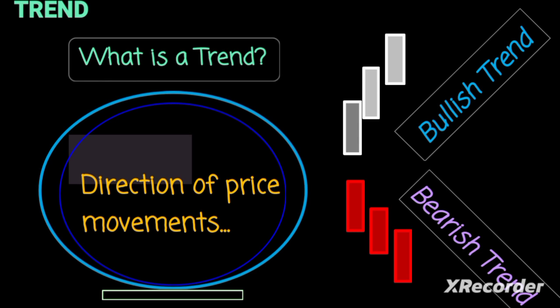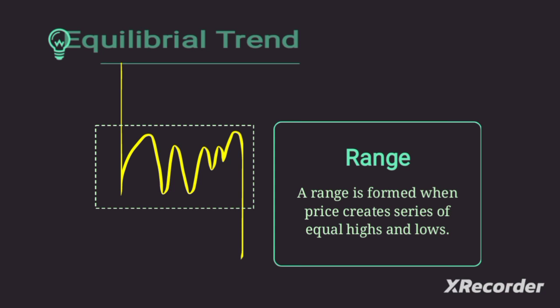When the market is moving sideways, you know that at that particular time the market is in a range, in equilibrium, where the buyers and the sellers are in disagreement, looking for who will take charge of the price movement.